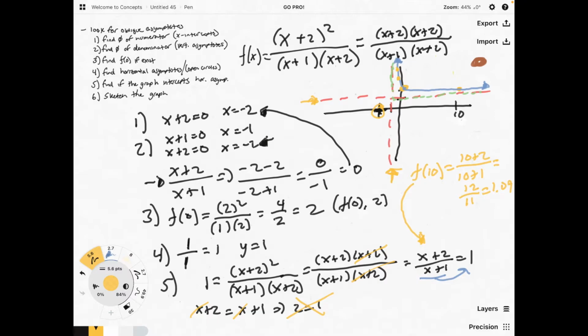Similarly, we need to find points down in this quadrant to figure out what the graph is going to look like. We already know that the graph is going to approach -2, but will never actually touch -2.